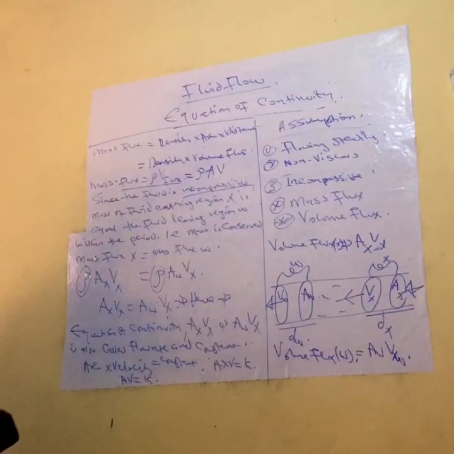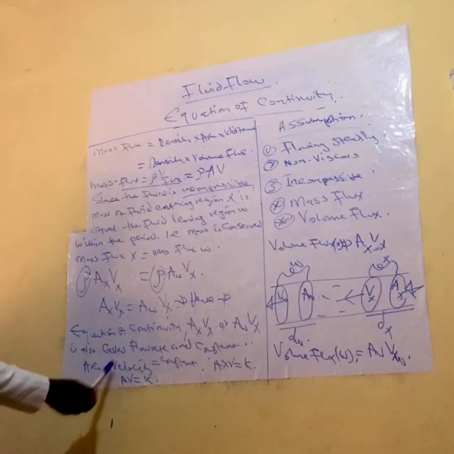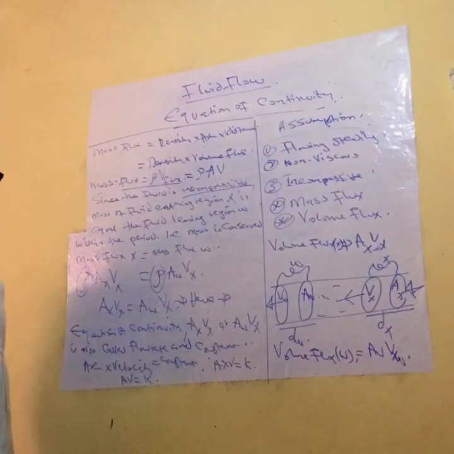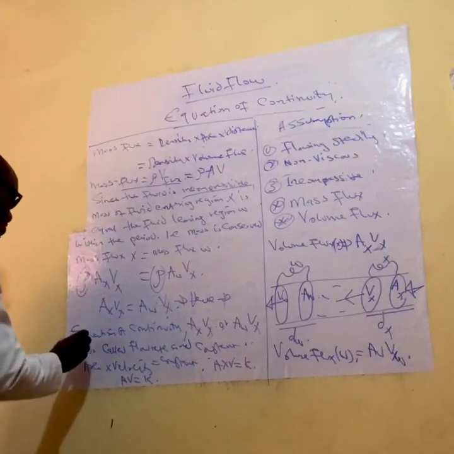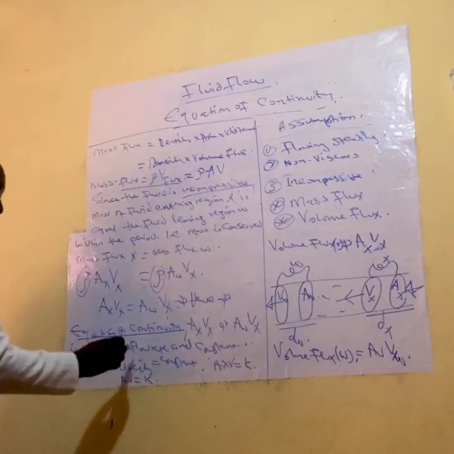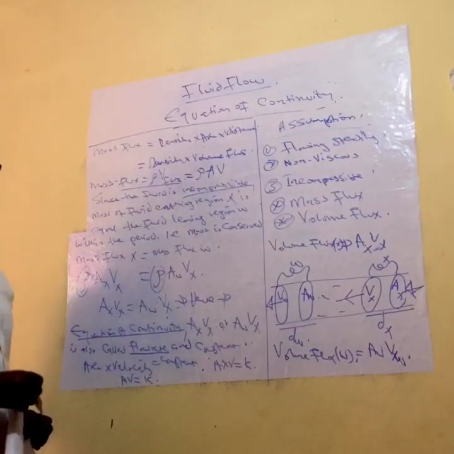So these are the formulas. So area multiplied by velocity is equal to a constant, and that one is known as the equation of continuity, or you call it the flow rate.